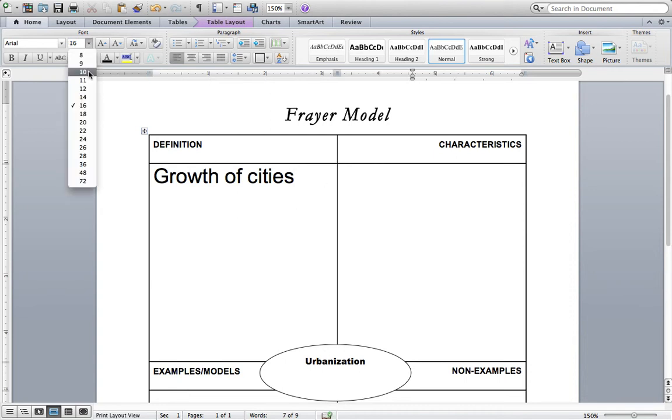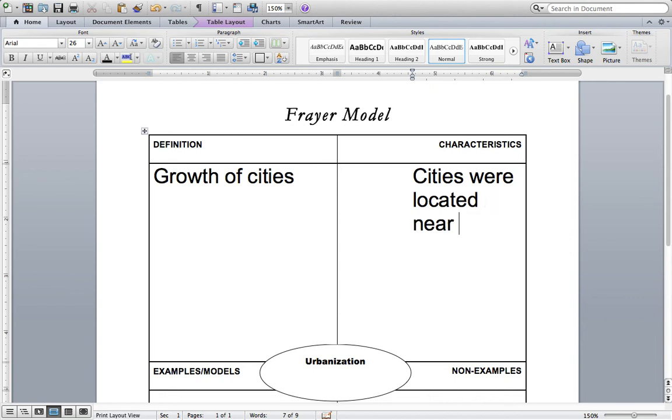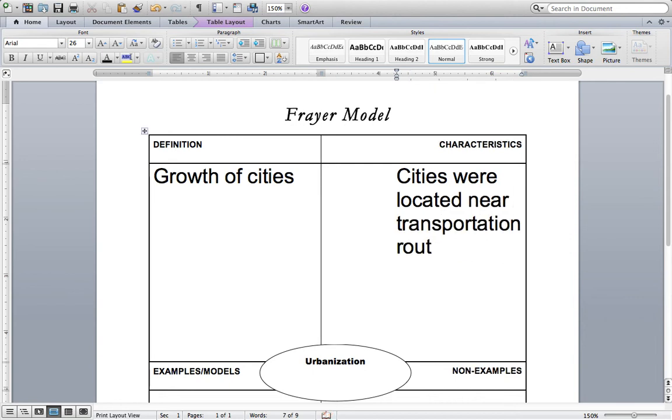So now as far as characteristics of urbanization, first of all, cities were located near transportation routes. Very important. Also, factories were very common.